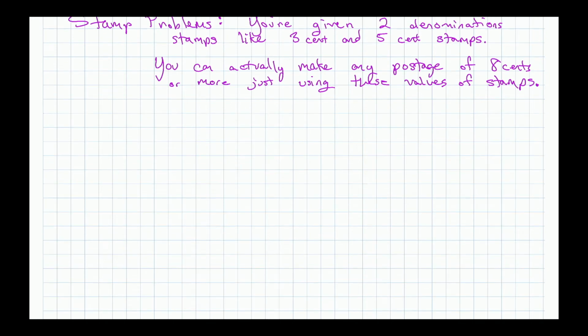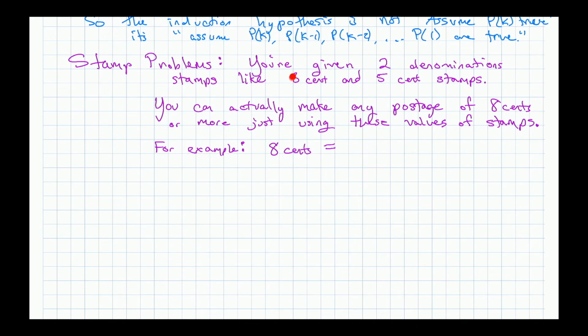So, for example, if you wanted to make 8 cents, the way you could make 8 cents postage is you would just use, well, what would you use? We have 3-cent stamps to use, and then we have 5-cent stamps to use.